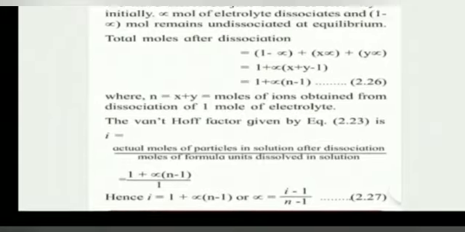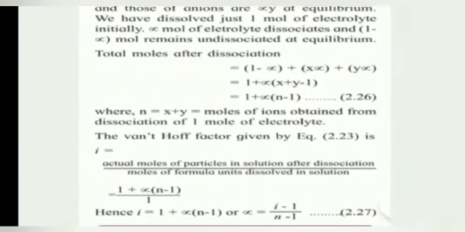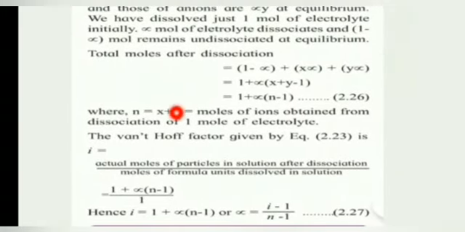Now total moles after dissociation will be 1 minus alpha plus x alpha plus y alpha. This will be equal to 1 plus alpha (x plus y minus 1). On further solving, 1 plus alpha (n minus 1). Now what is this n? This is equal to x plus y, that is the moles of ions obtained from the dissociation of 1 mole of electrolyte.